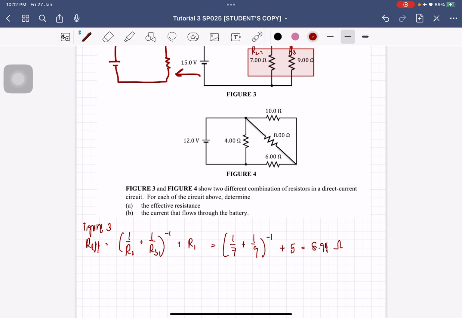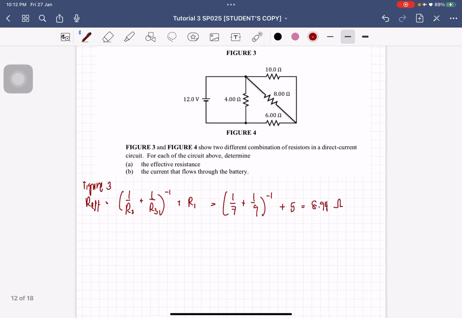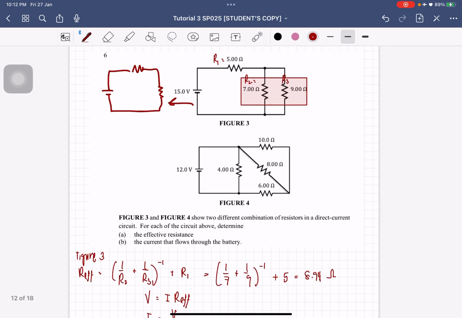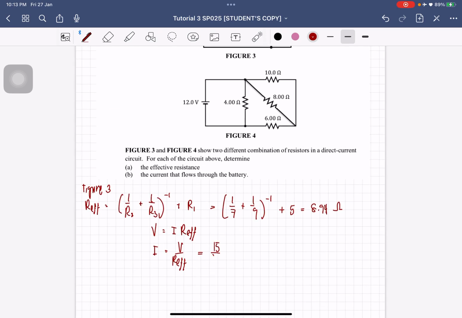Okay, so after that, we have to calculate the current flowing through the battery. That is basically the current flowing through the whole circuit. So that is just V equal to I times the effective resistance. So I equals V over R effective, which is 15 over 8.94, which will give you 1.68 ampere as the current.